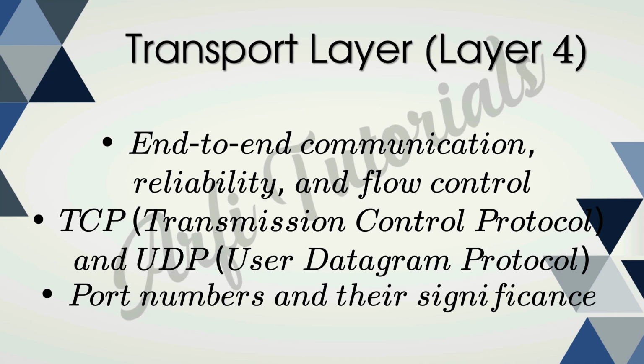deliver the data reliably. The two protocols used in this layer are TCP and UDP. TCP is a standard protocol that allows systems to communicate over the internet. It establishes and maintains a connection between hosts.